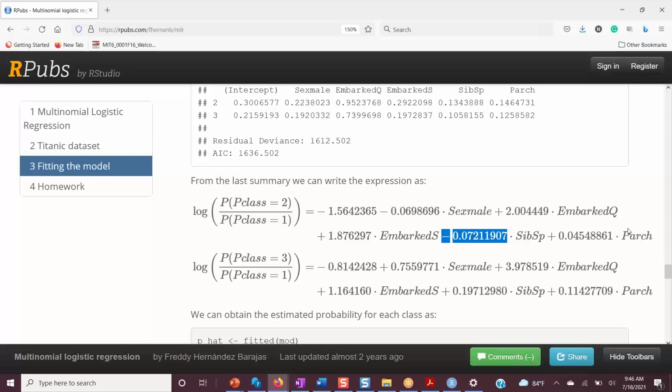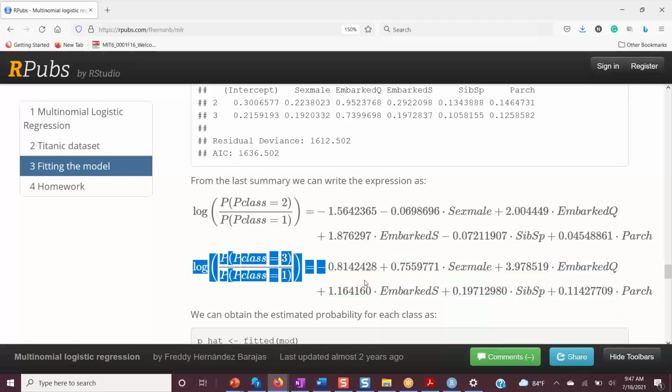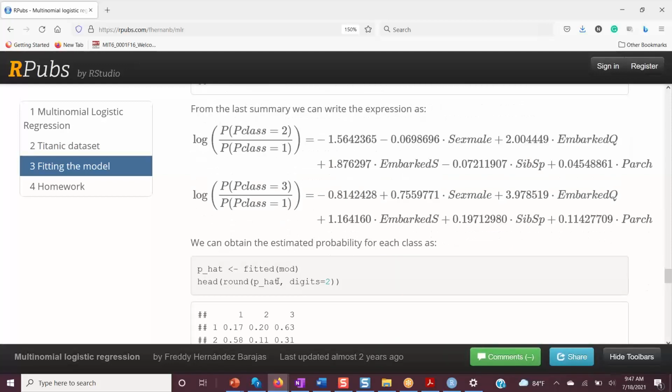If not, then 0. Like that, that is the comparison between passenger class 2 versus passenger class 1, and the comparison between passenger class 3 versus passenger class 1 is by these weights. Same interpretation. Everybody's good?